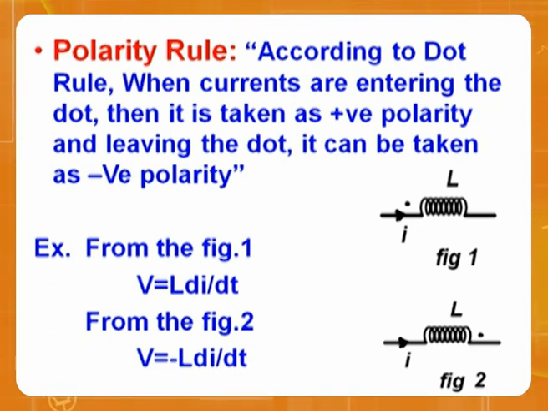But today's idea is not that. Today's idea is how much coupling is there and what is the polarity of coupling. So here V is equal to L di by dt, with positive sign. Here you see current is entering, but the dot is at the leaving end. This is the opposite sign. That's why V is equal to minus L di by dt. So this is an idea to tell you how to put the polarities.